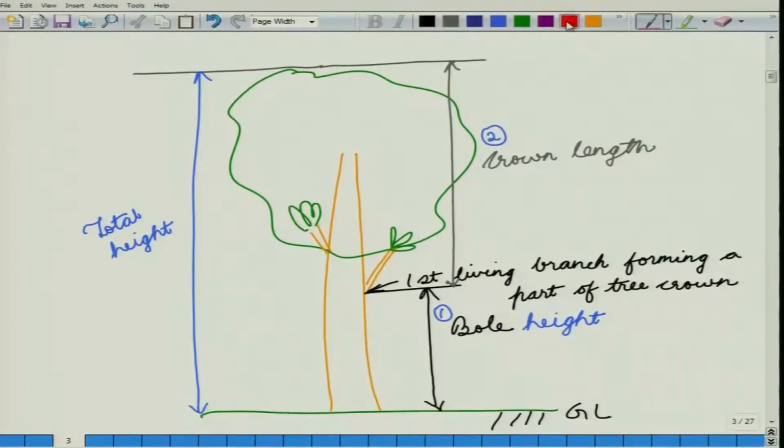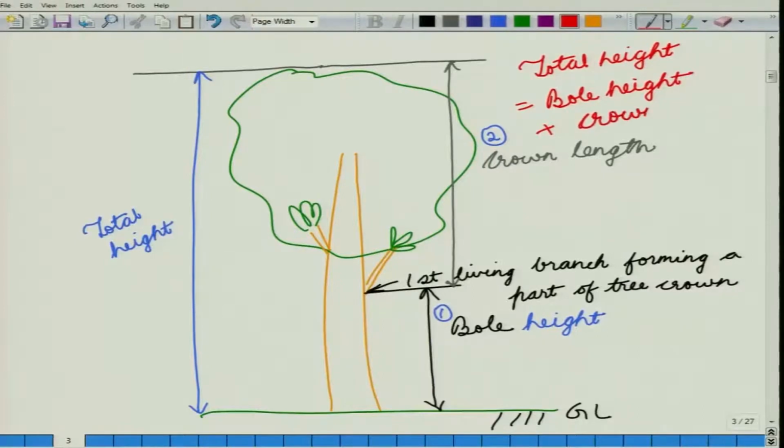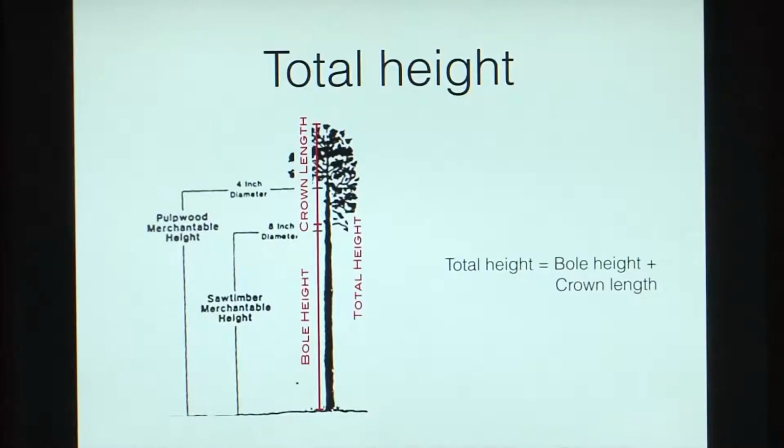So, we can also say that total height is equal to bole height plus crown length. We can see it in this figure as well. As you can see on your slide, we have divided the total height into bole height and the crown length.